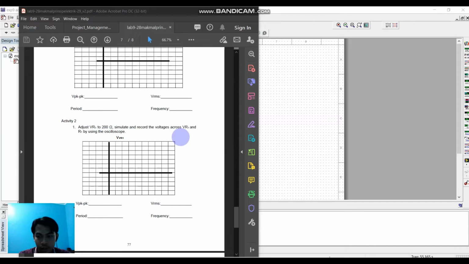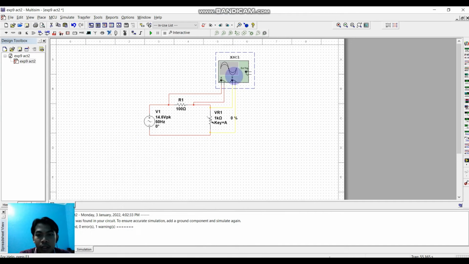So now we will continue with activity 2. In activity 2, we will need to adjust the variable resistor to a value of 200 ohm. After we adjust the value, we will observe and record the voltage across the VR1 and R1 using the oscilloscope. So here is the circuit designed in the Multisim software.